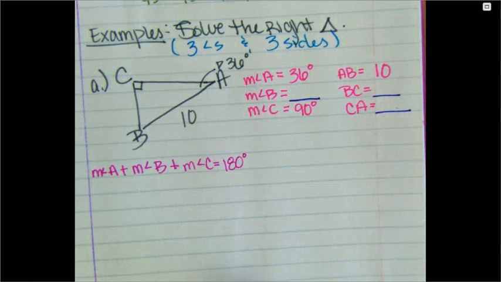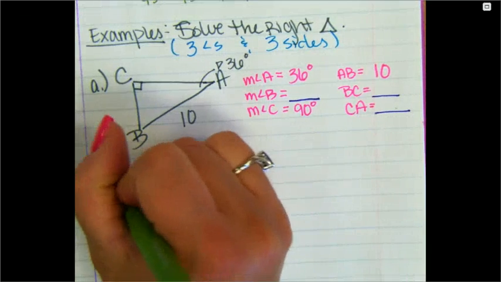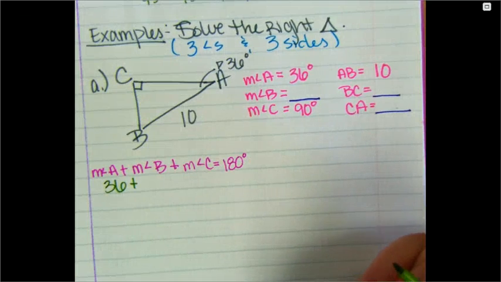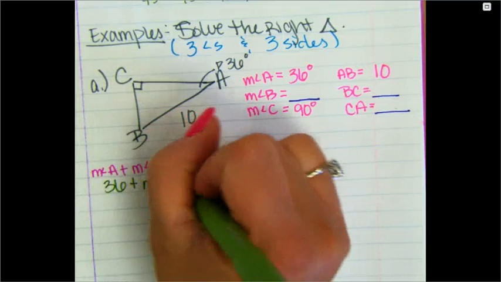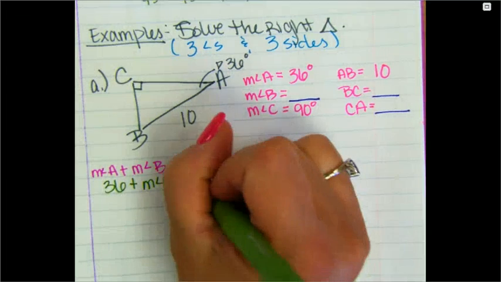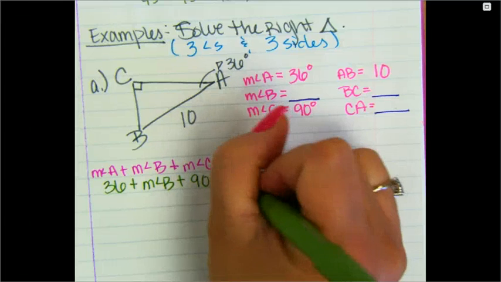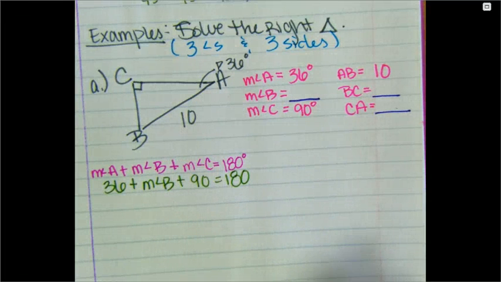Yes. 36 degrees. Okay. Do you know the measure of angle B? No, I don't. Oh, shoot. No, I'm talking about C. So it's the measure of angle B plus what's the measure of angle C? 90 equals 180. Now can you solve this? Is this review? Yes. So solve it.